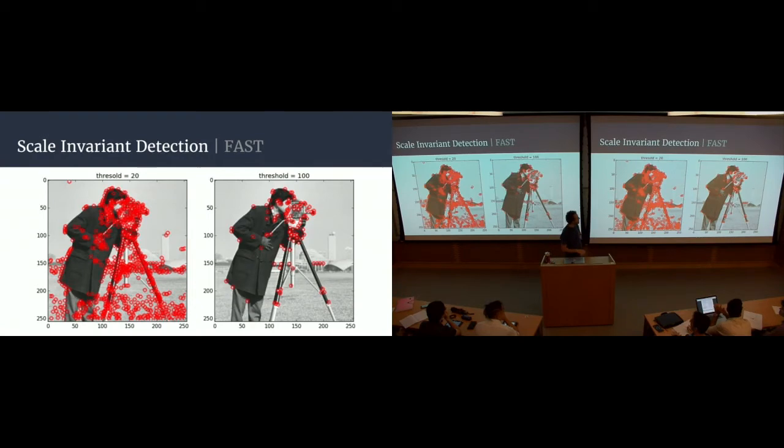What is threshold? A threshold is a very trivial thing. If you have a number and you want to know if it's above or below a certain threshold.